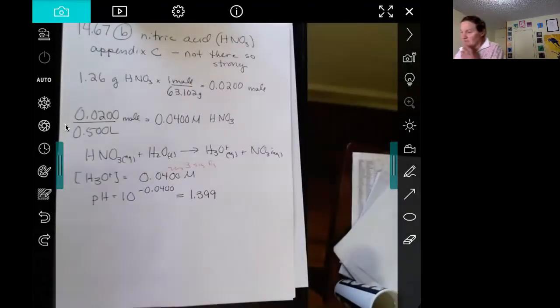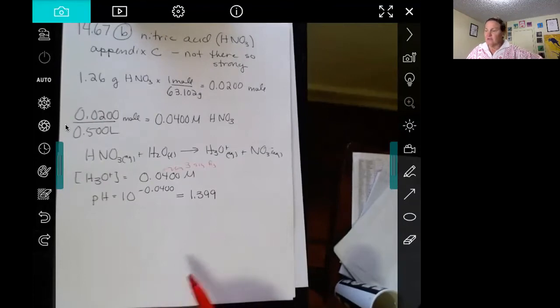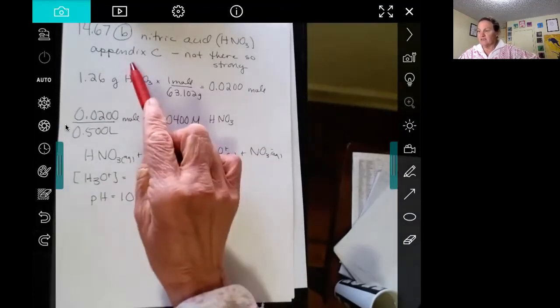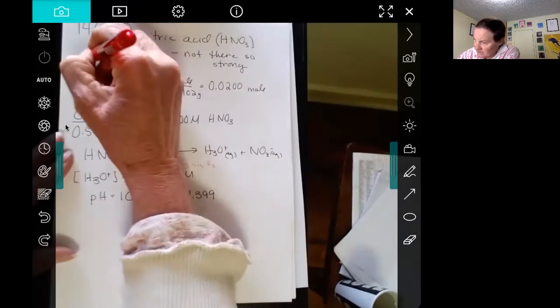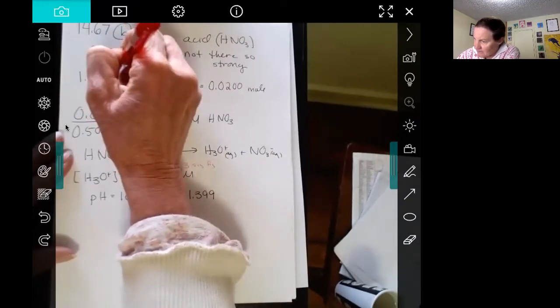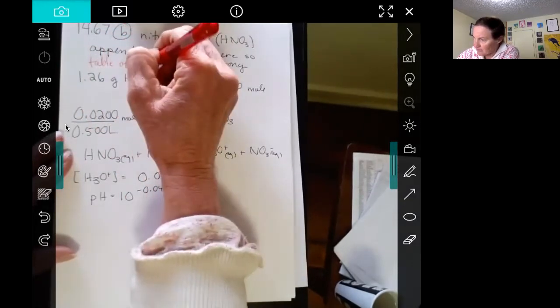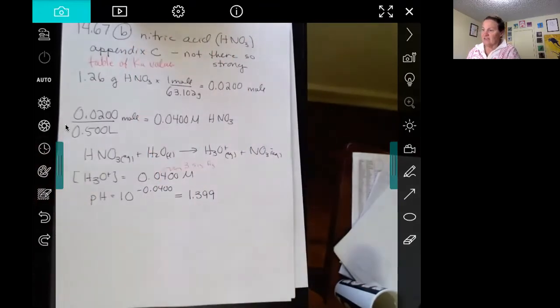The next one, B in that problem, says you dissolve 1.26 grams of nitric acid and you make a solution that has a total volume of 1/2 of a liter. The way that you would remember that nitric acid is a strong acid and that you don't have to deal with an equilibrium is because if you look in Appendix C, which is the table of Ka values, you won't find nitric acid.